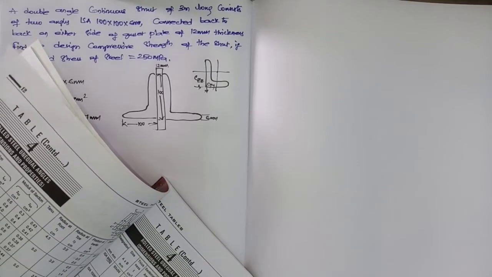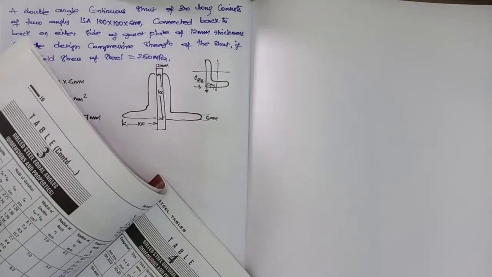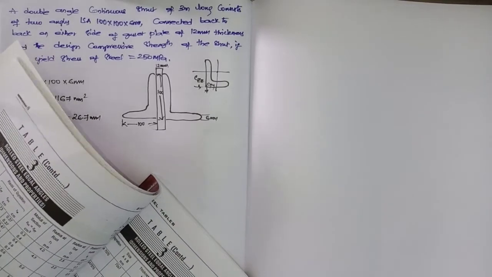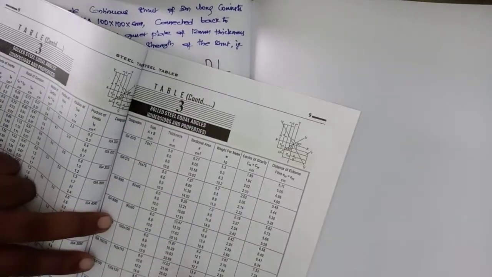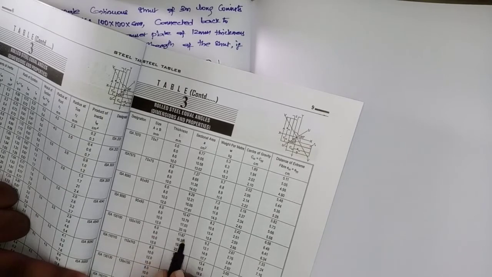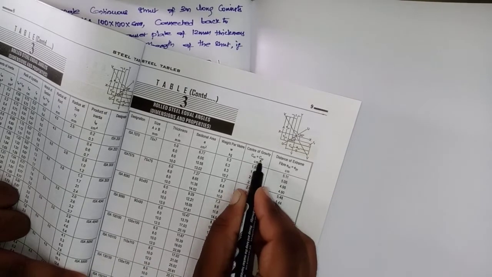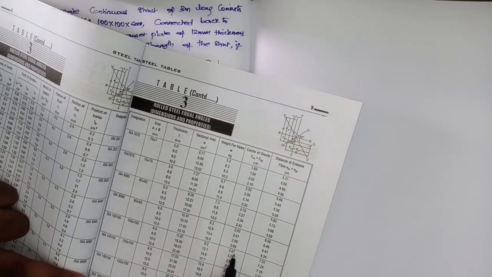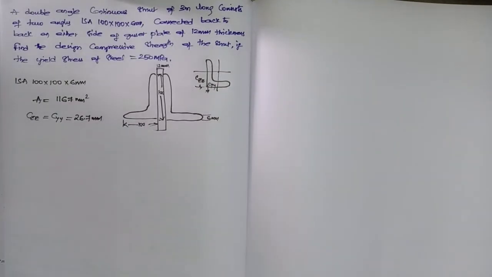I will show you for equal angle sections. See here, for equal angle sections 100 by 100 by 6 mm, the center of gravity CXX, CYY is 26.7 mm, right?